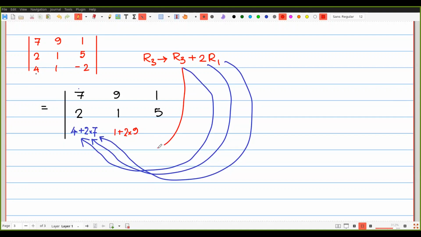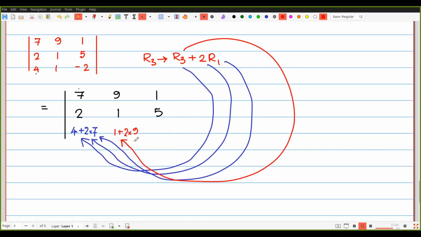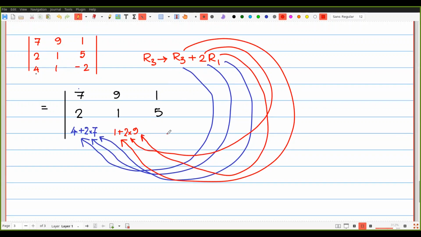So once again, row 3, then 2, then row 1 element, that is 9. For the third element in row 3, that means minus 2, plus 2 into row 1, that means 1. So once again, row 3, 2, and row 1.